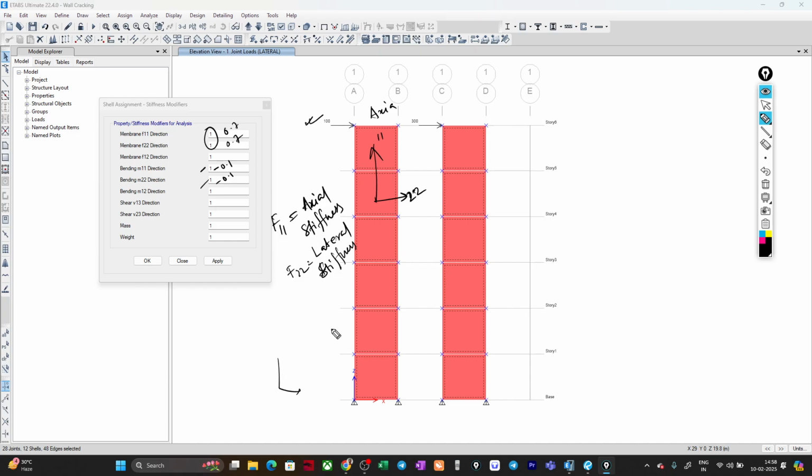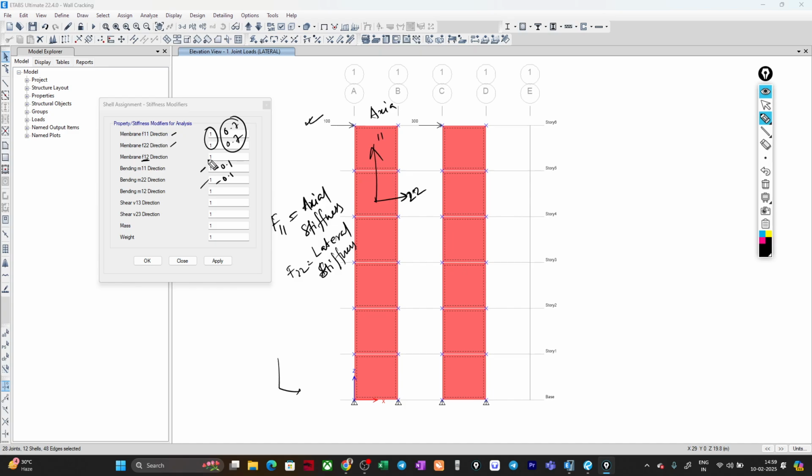So for our case it is 0.7, 0.7 for only F11 and F22. What about F12? F12 is nothing but the GA shear. Some engineers also consider that the shear stiffness of the wall will reduce due to cracking, but the code has only mentioned the flexural stiffness, not the shear stiffness.